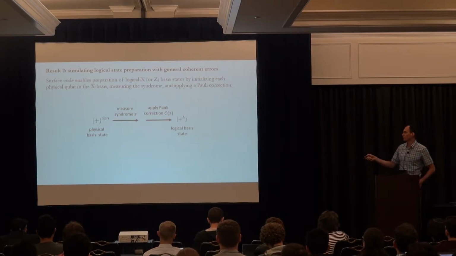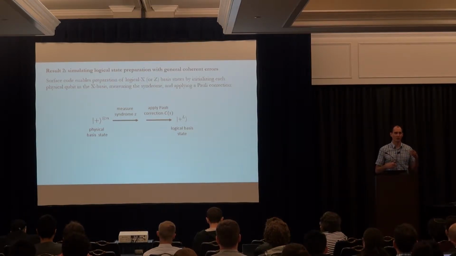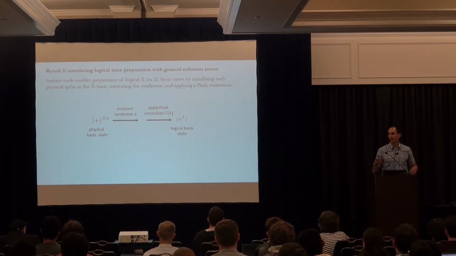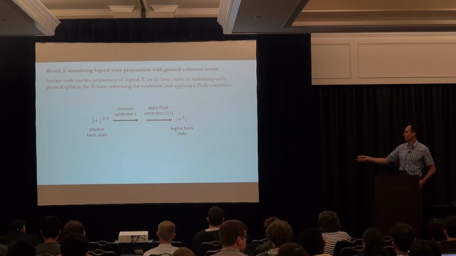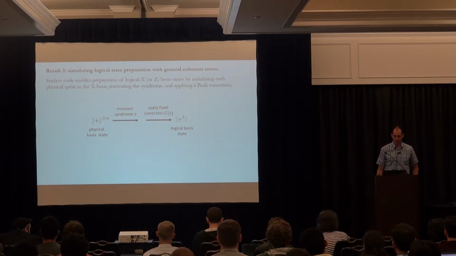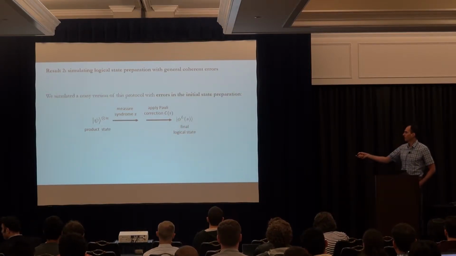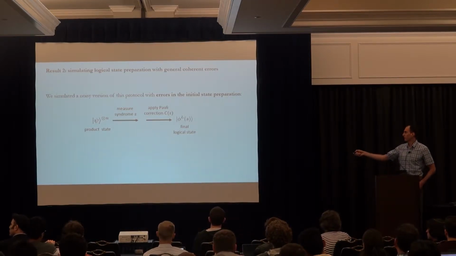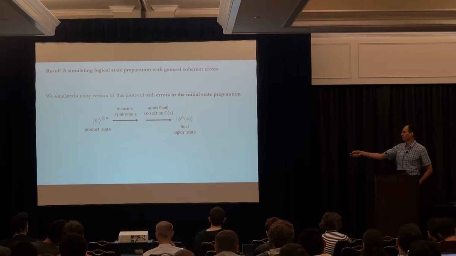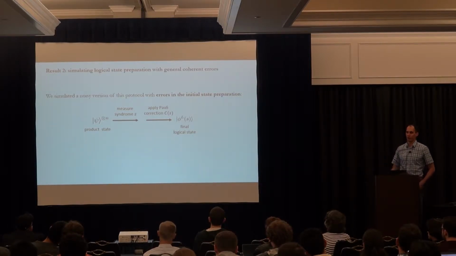As you well know, the surface code allows us to prepare logical X or logical Z basis states fault tolerantly. For example, we can initialize each physical qubit in the plus state, measure the syndrome, and apply some Pauli correction, and this will give us the logical X basis state. And we can simulate a noisy version of this protocol, where we have coherent errors in preparing this initial product state.